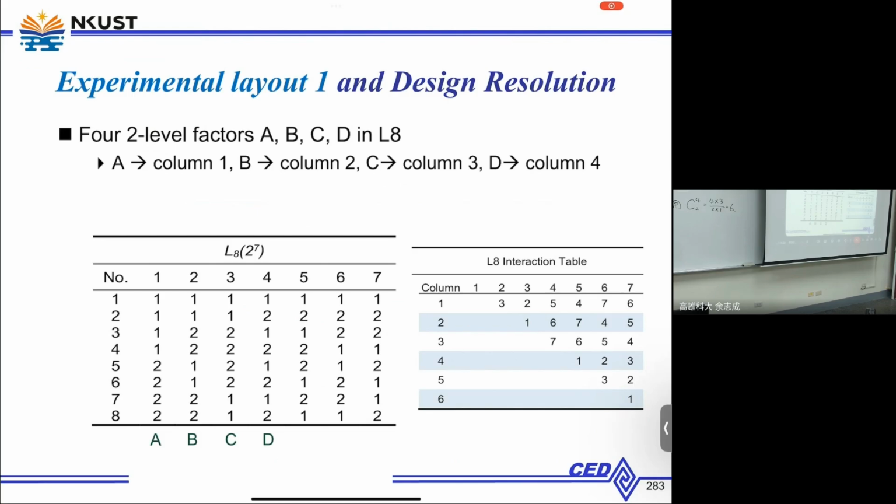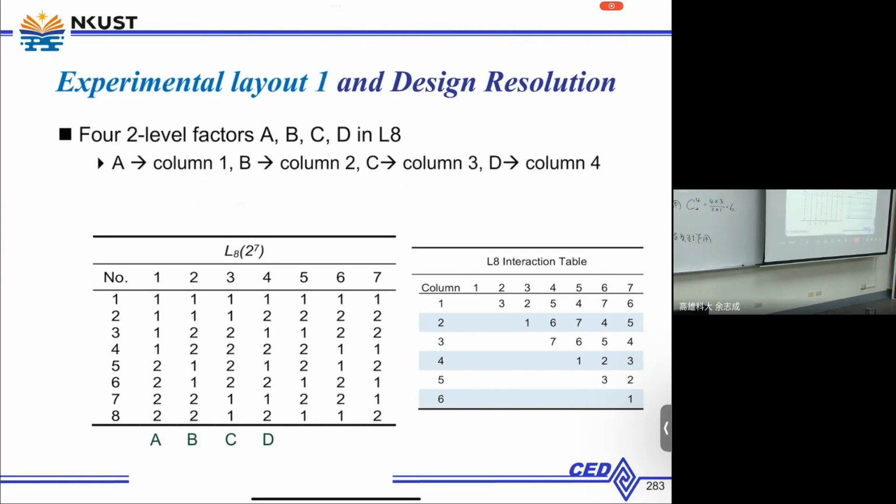It should be very straightforward. We usually start from AB, AC, AD. After finishing A, you start from B: BC, BD, and continue to C: CD. Therefore, you can find all 6 two-factor interactions.